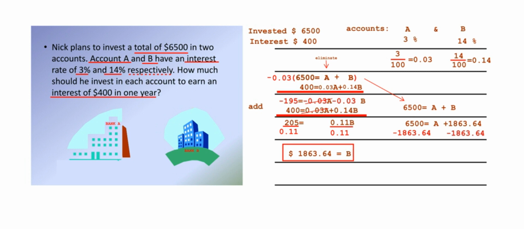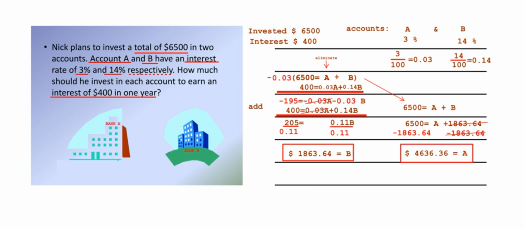So minus 1,863.64 from both sides: 6,500 minus 1,863.64. This is where you can check with your calculator, right? Try it out. Once you check, you should find that we get $4,636.36 is what was invested in account A.